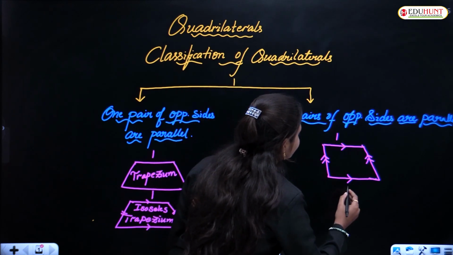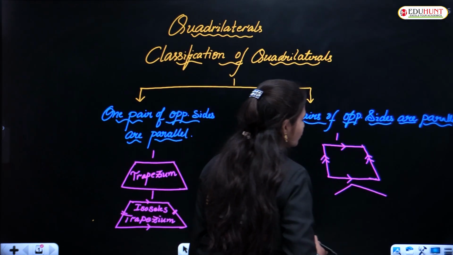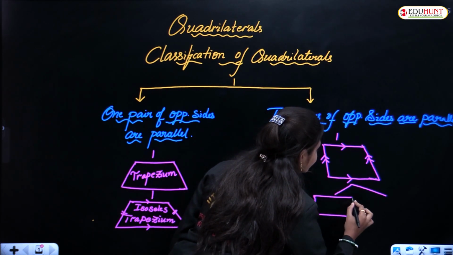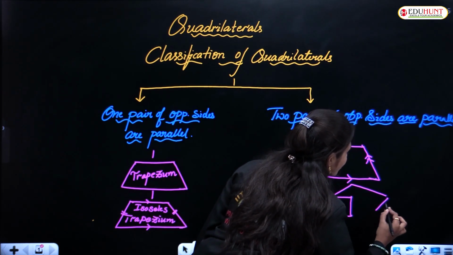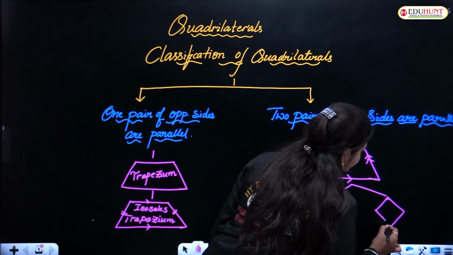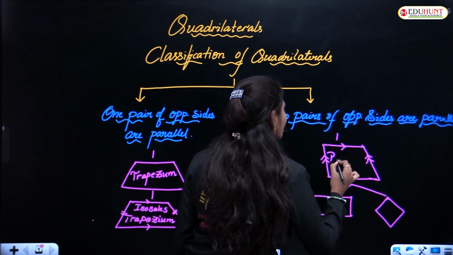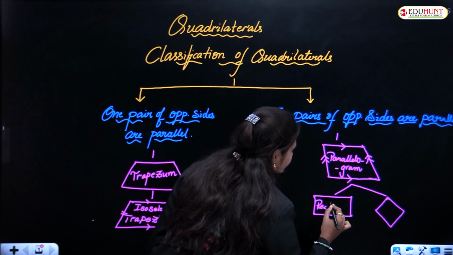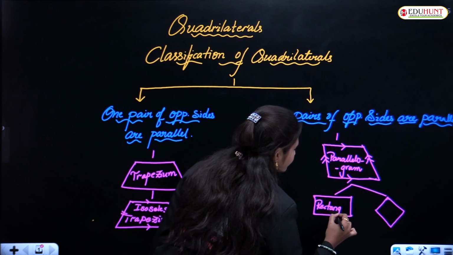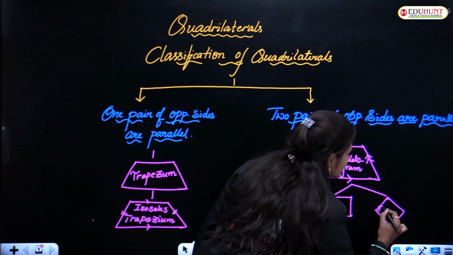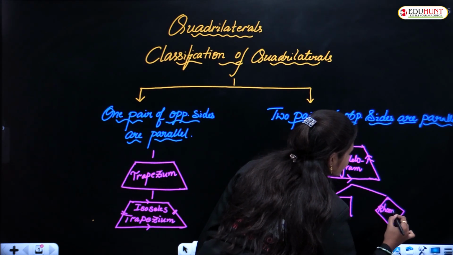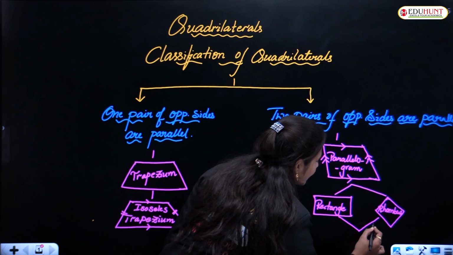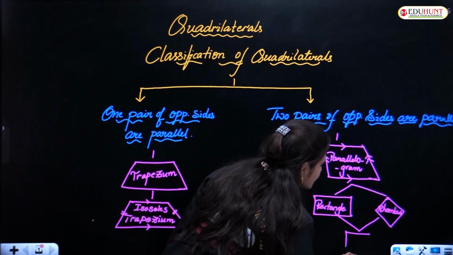Okay, and from this one we have another 2 types. What are those 2? The first one is a rectangle, and this is a rhombus. Okay, this is a parallelogram, this is a rectangle, this is a rhombus, and by combining these 2 we will have the square.